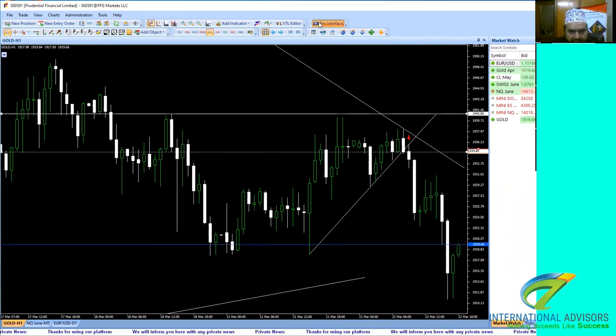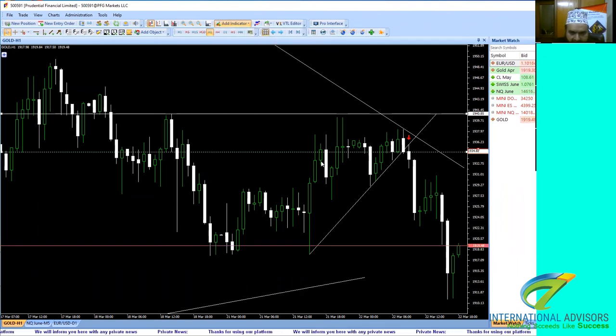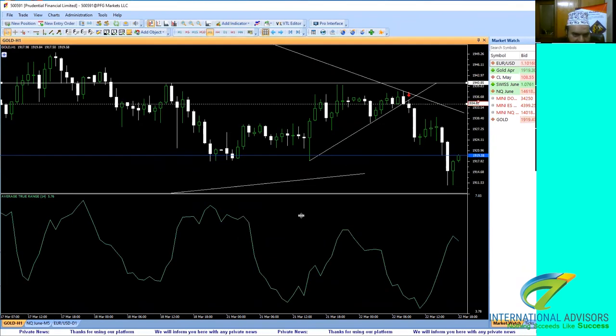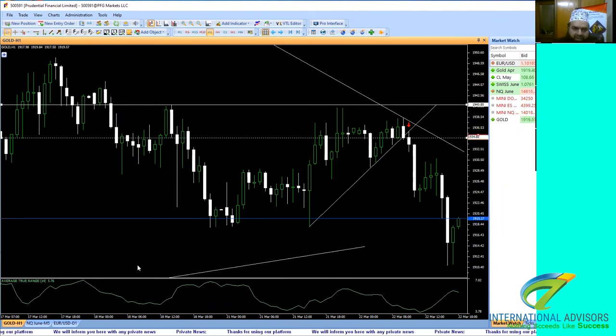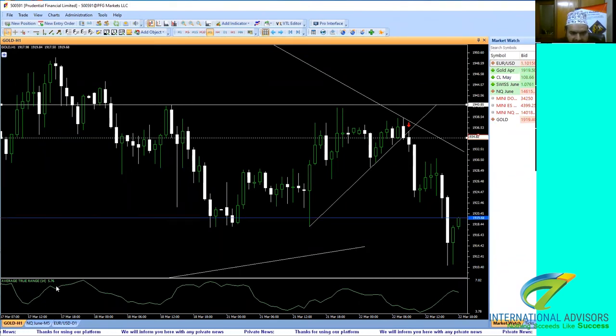Or secondly, if you add average true range, as I told you in the beginning, it also gives you some sort of indication that ideally if you are working on H1, if your trade is targeted on H1 for the day, then its SL value ideally should be more than this 5.76.